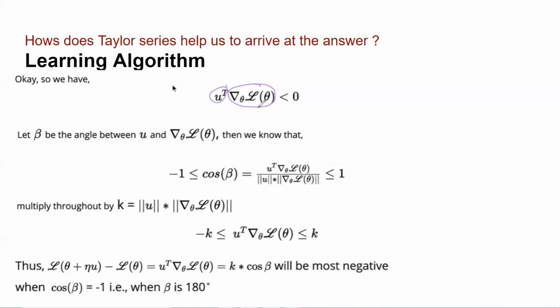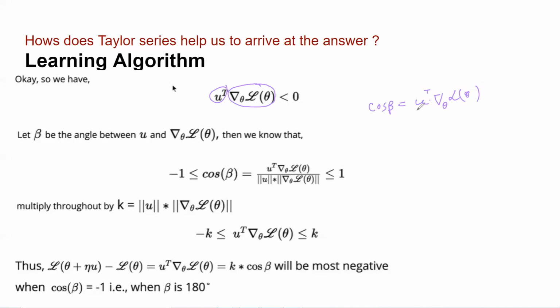What is cos beta if the angle between these two vectors is beta? We have seen dot product earlier. Cos beta is equal to the dot product of U transpose and gradient of theta L theta.